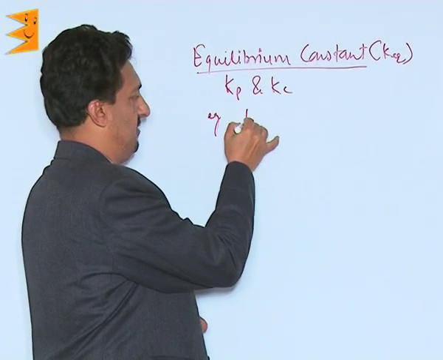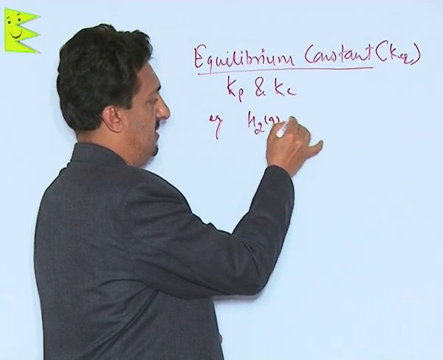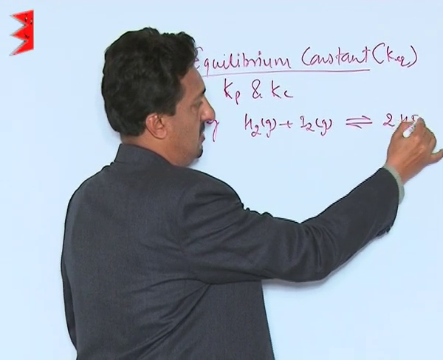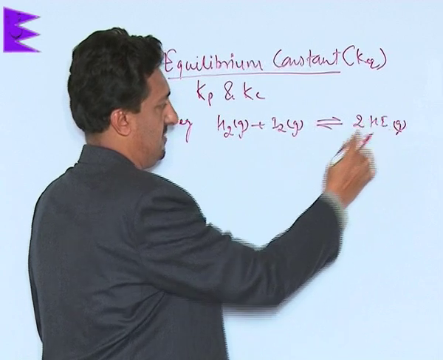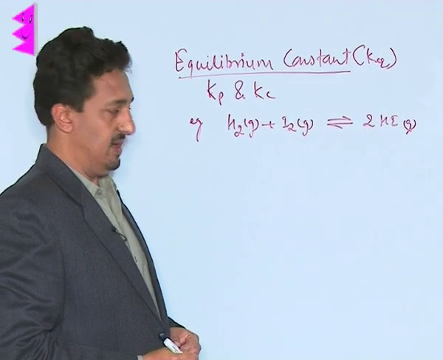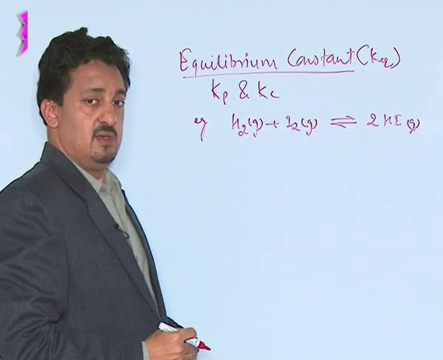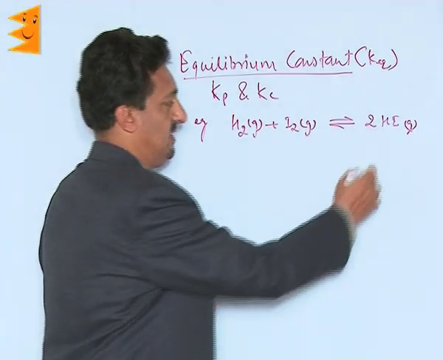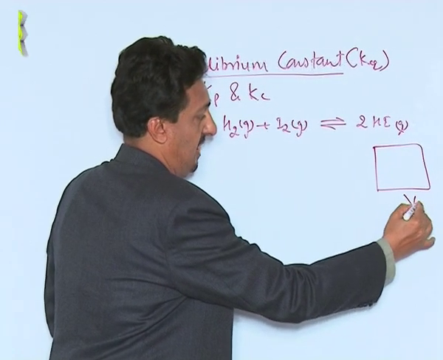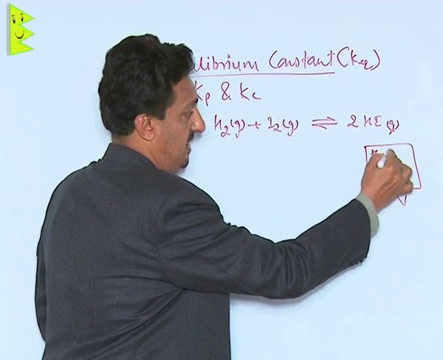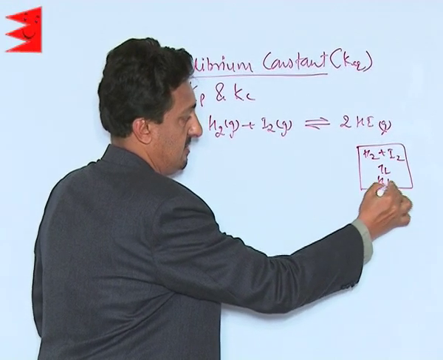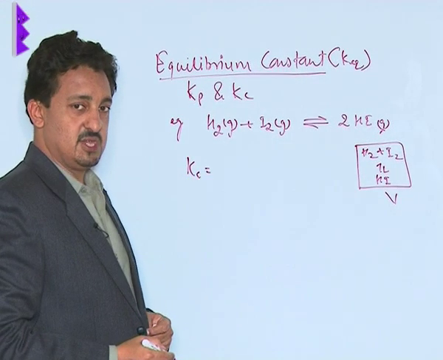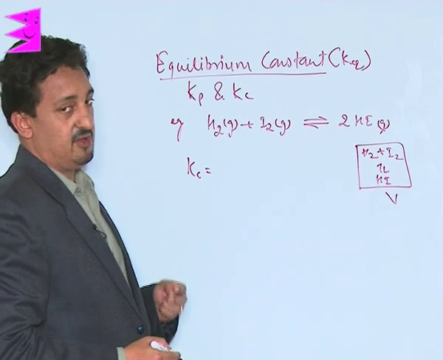Let us take the example of hydrogen gas reacting with iodine gas, giving you twice HI, which is also a gas, hydrogen iodide. Now if the number of moles of these reactants are given and the vessel has volume V in which these are taken, then definitely we will use the expression in terms of the concentration and we will call it Kc.